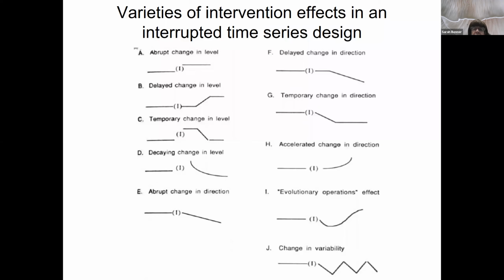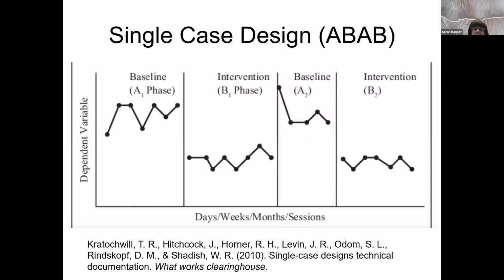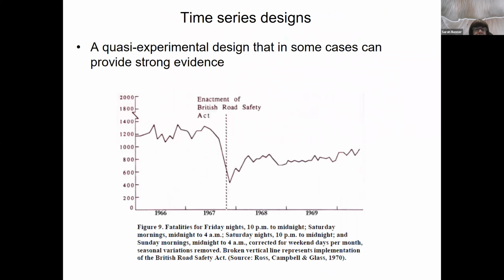There are simpler ways to analyze a single case quantitatively. So you could treat the baseline observations as a distribution and take the mean and compare it to the mean of the intervention phase. And that actually could be a test of significance.